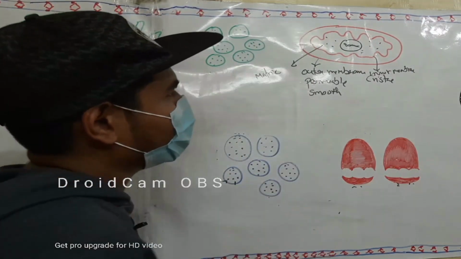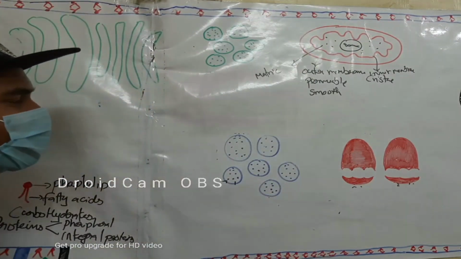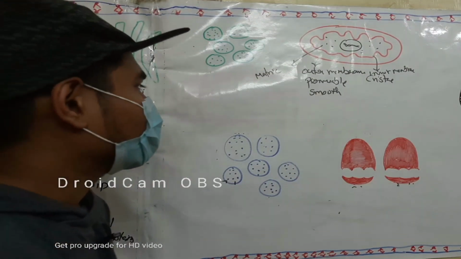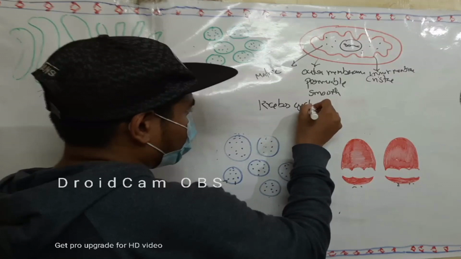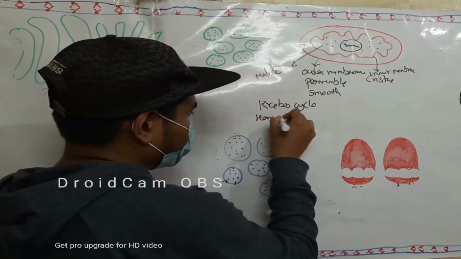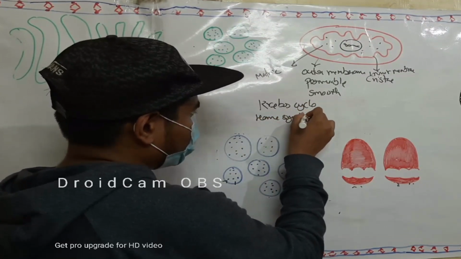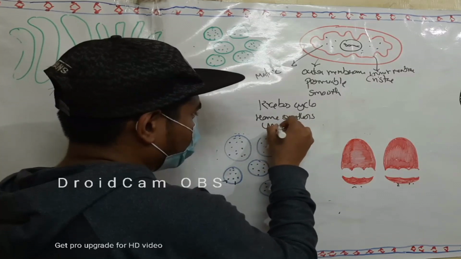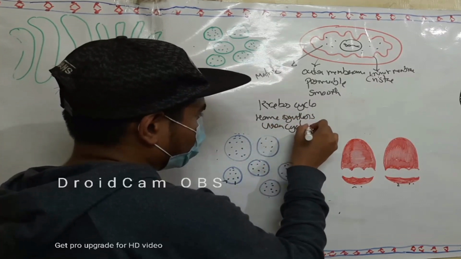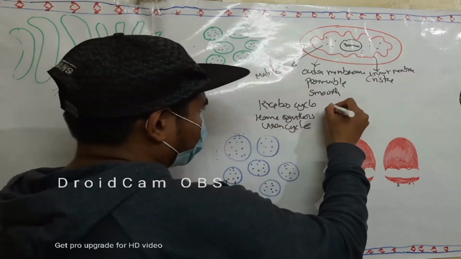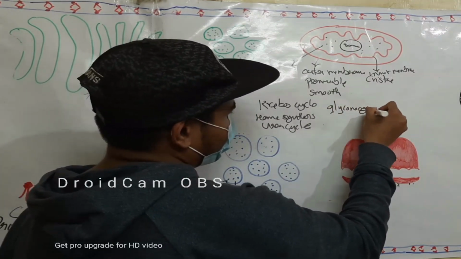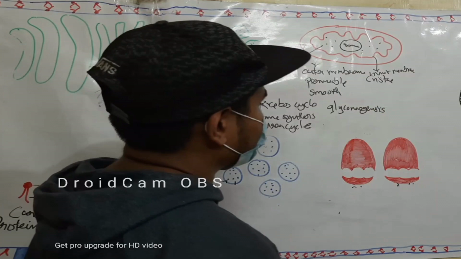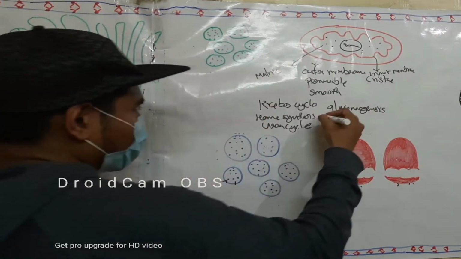This structure is mainly involved in many metabolic reactions like Krebs cycle, heme synthesis, urea cycle, gluconeogenesis, and ATP synthesis.